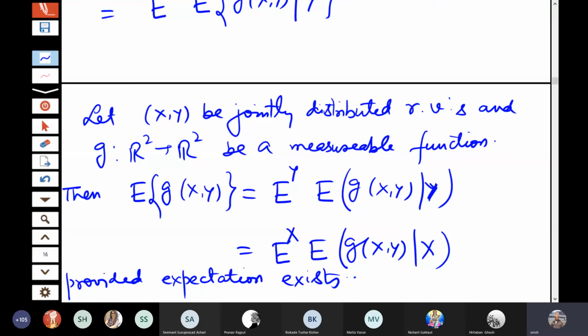When we are doing calculations for joint distributions, this type of result is very, very useful.